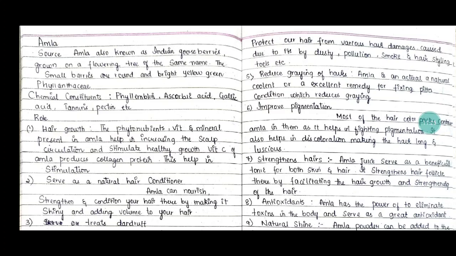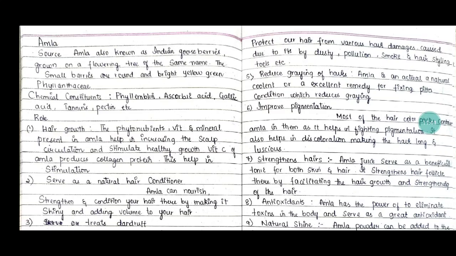The phytonutrients, vitamins and minerals present in amla help in increasing scalp circulation and stimulate healthy growth. Vitamin C of amla produces collagen protein. This helps in the stimulation.